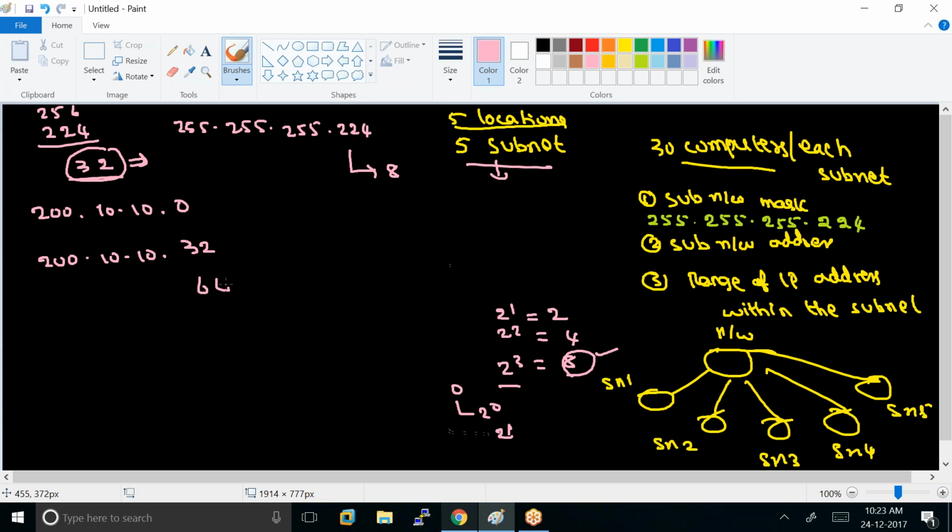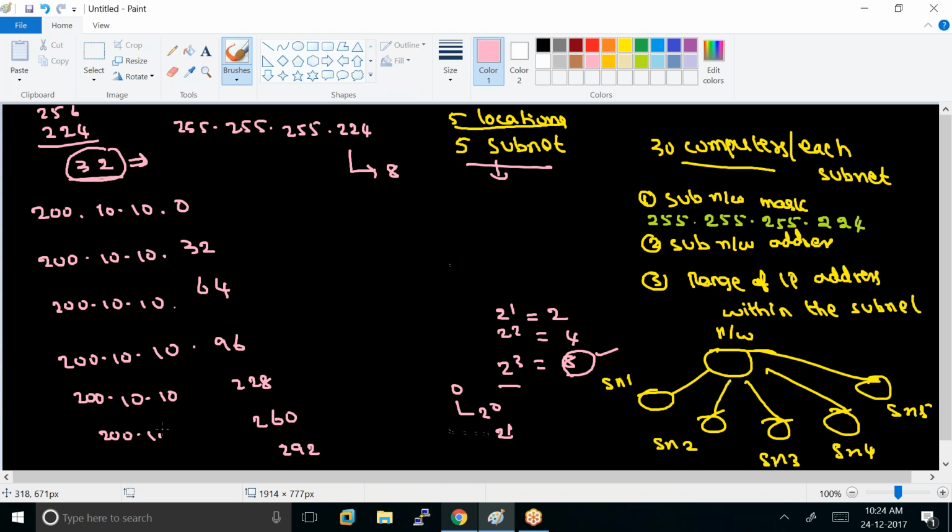The third subnet, you want to add a further 32: 200.10.10, then 32 plus 32 is 64, and adding 32 again gives 96. Similarly, you keep adding 32 each time.